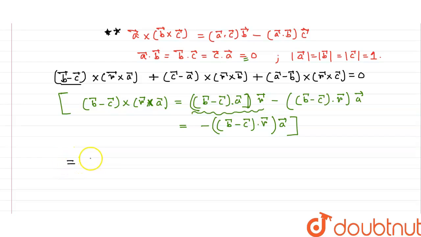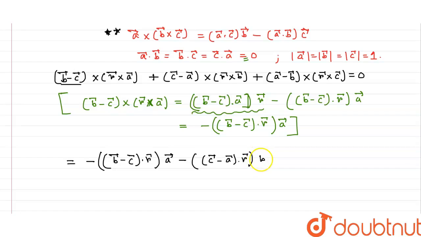So what you get here is minus (B vector minus C vector dot R vector) into A vector, minus (C vector minus A vector dot R vector) into B vector, minus again (A vector minus B vector dot R vector) into C vector, that is equal to 0.